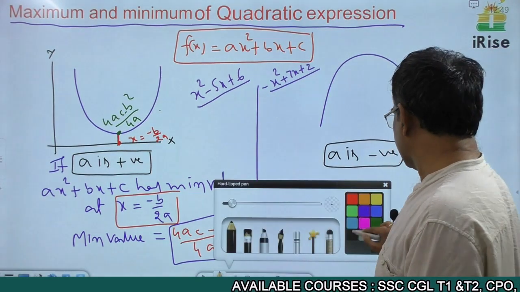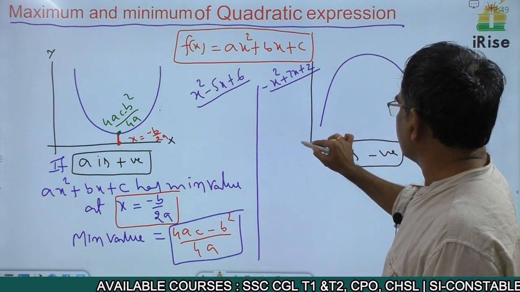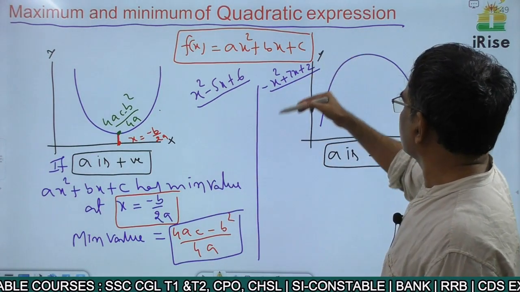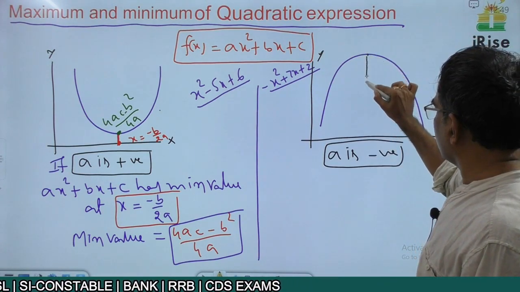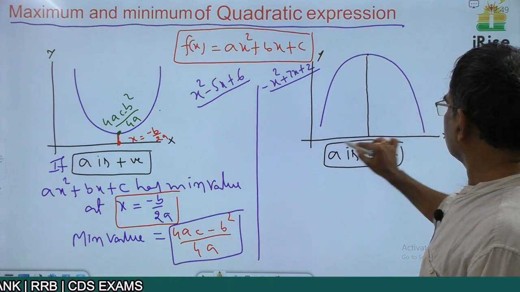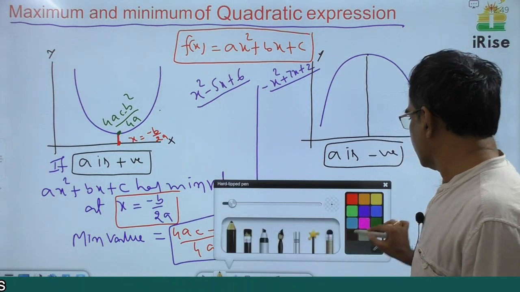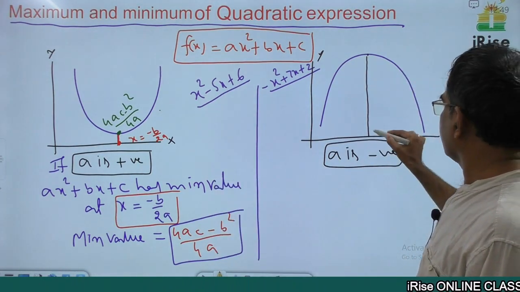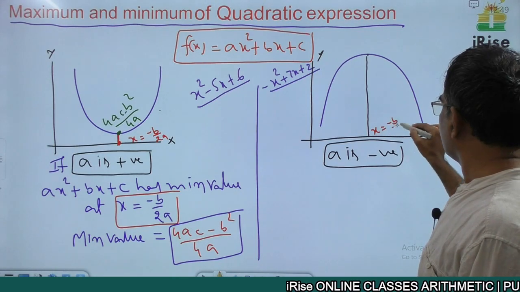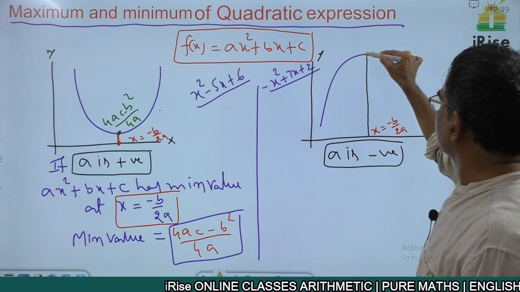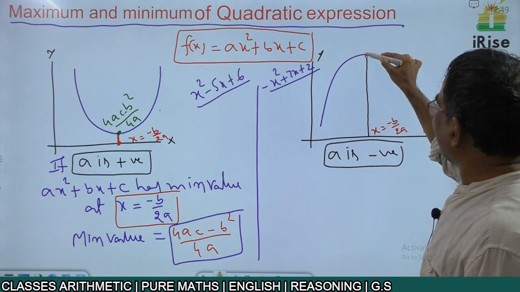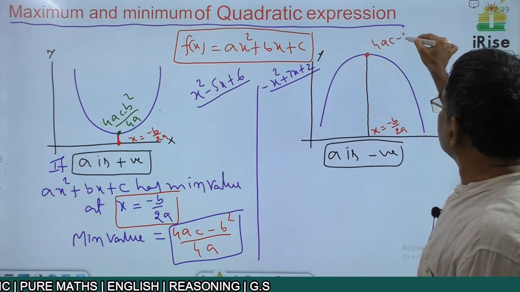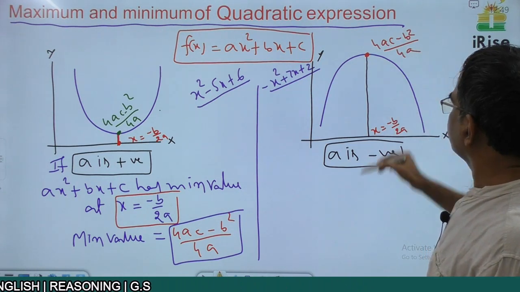In this case, if you draw the x-axis and y-axis and draw a perpendicular line to the x-axis here, at x is equal to minus b by 2a the function has a maximum value, and this value is again 4ac minus b square by 4a.